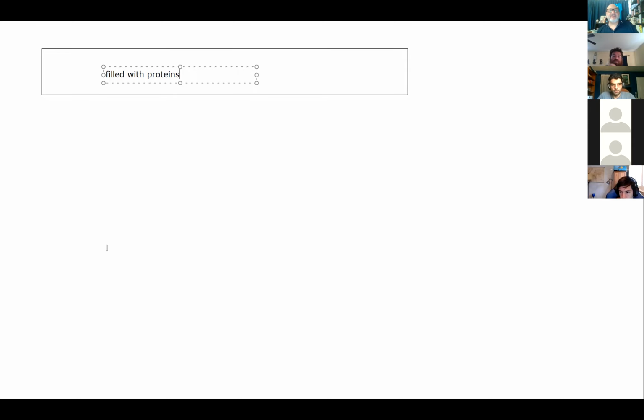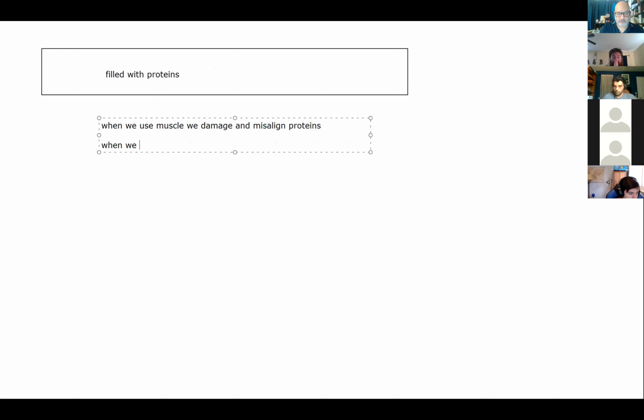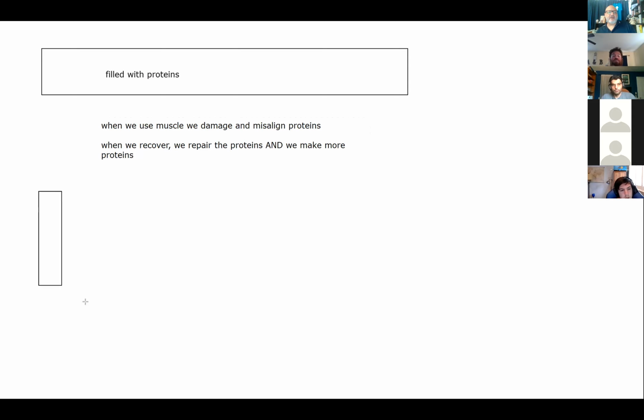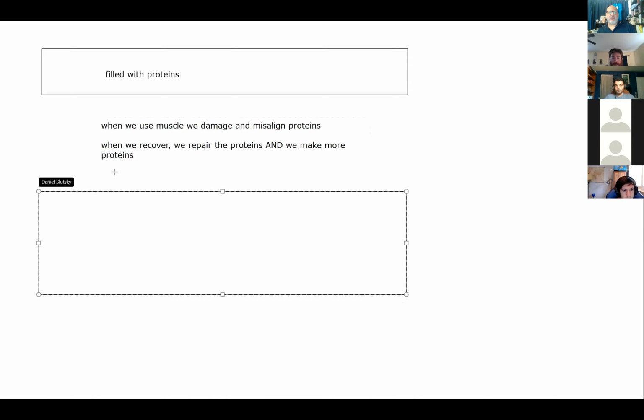Yes, we have decreased the efficiency of this muscle by damaging and breaking some of these proteins. And so what happens is when we use muscles, we damage and misalign the proteins. And so when we recover, we repair the proteins and we make more proteins. And when we make more proteins, the muscle cell gets bigger.